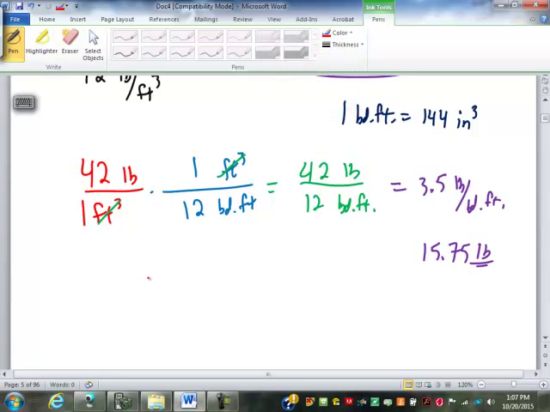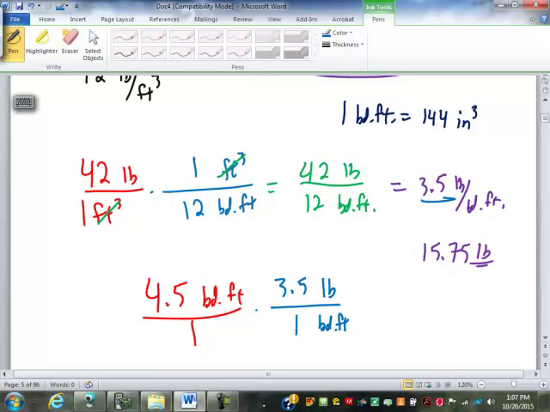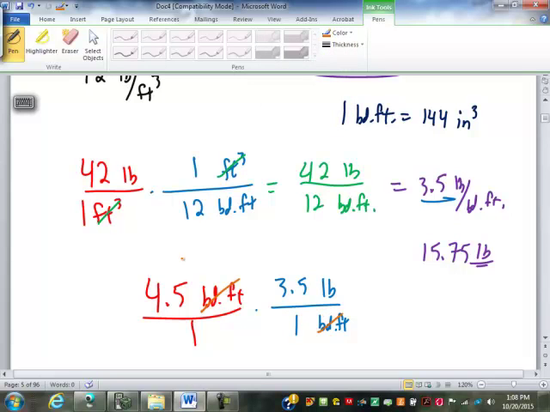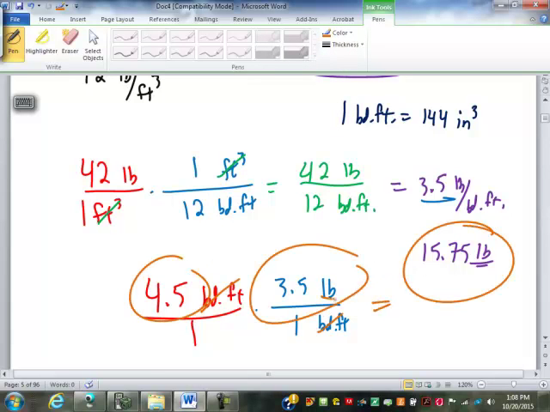You have 4.5 board feet over 1. I want to get rid of the board feet and just get pounds. Here I have 3.5 pounds is 1 board foot. So the board feet cancel out. I've got 4.5 times 3.5, which is 15.75. It's just pounds because it's the only units left. Does that make sense?